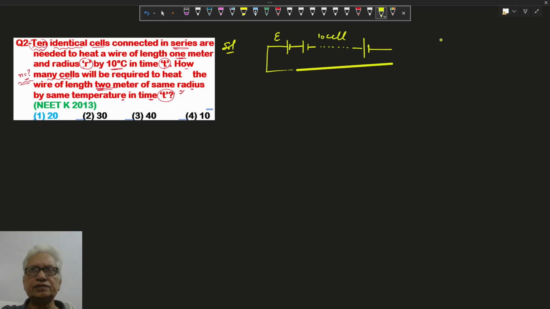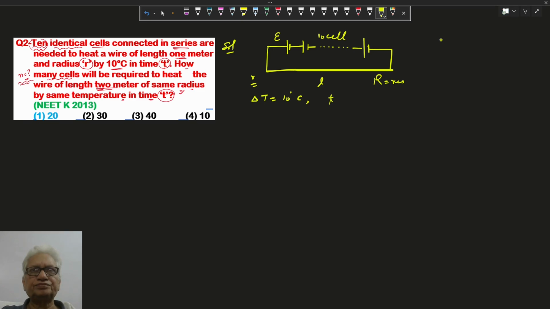The length of this wire is L, the radius and material are the same, and the resistance of this wire is R. Then we have to heat this. The temperature rises by 10 degrees Celsius, the radius is the same, and the time is also the same.